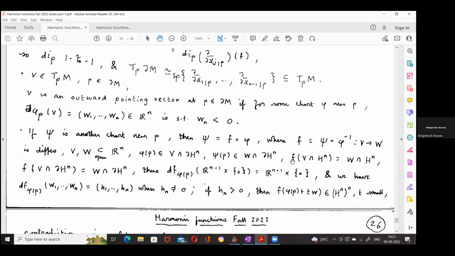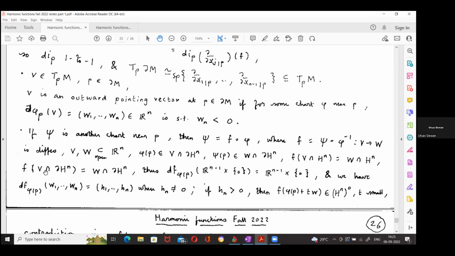And the change of charts maps V intersect Hn to W intersect Hn, and it also maps V intersect boundary Hn to W intersect boundary Hn. Is this clear?